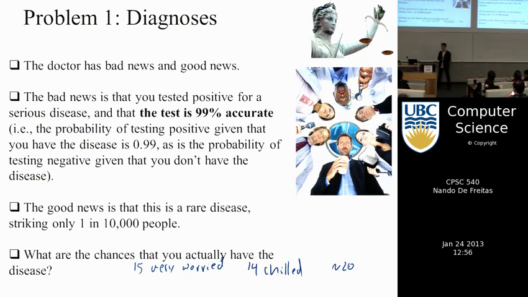Let's see how we would deal with this problem. This problem, by the way, arises not only in medicine, but it's the same problem that a judge encounters in court most of the time.